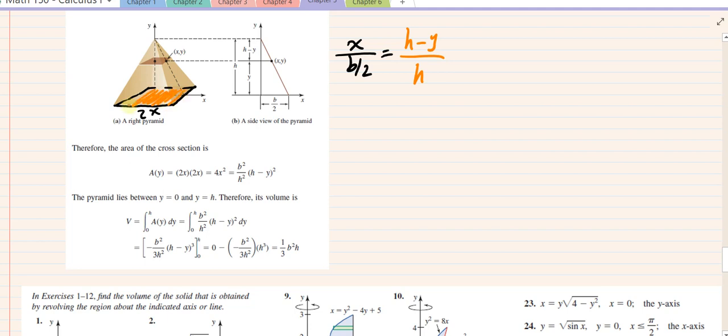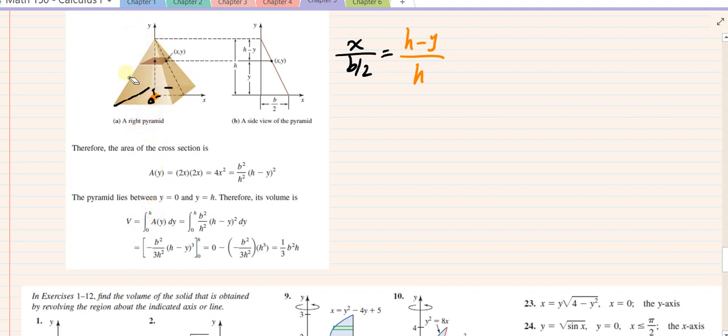This is your first square at 0. Then you build these all the way up to the top, which is h. So the limits of integration go from 0 to h.